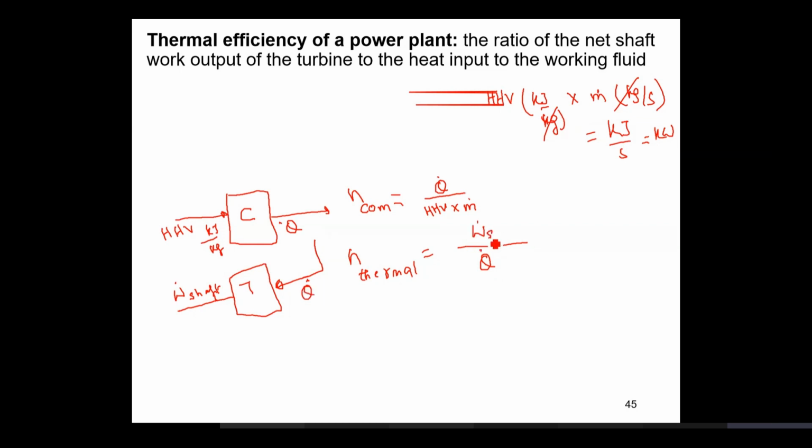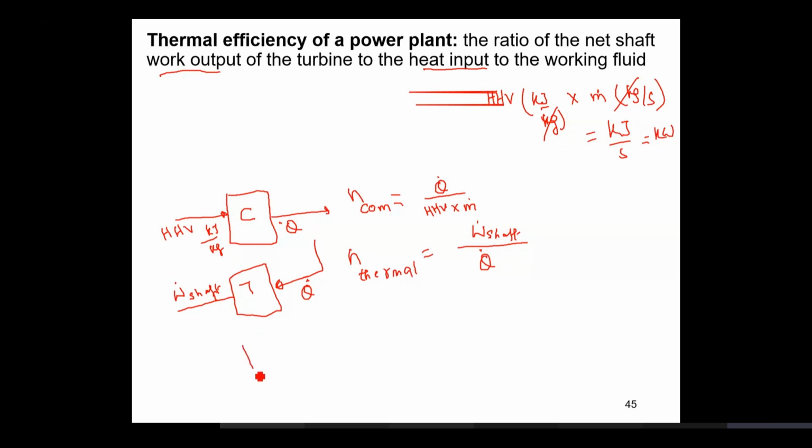It is the shaft work which is extracted out of it. Clear enough? This is the thermal efficiency, the net work output divided by the heat input to the working fluid. Clear enough? Is this point clear? Yes, sir. All right.